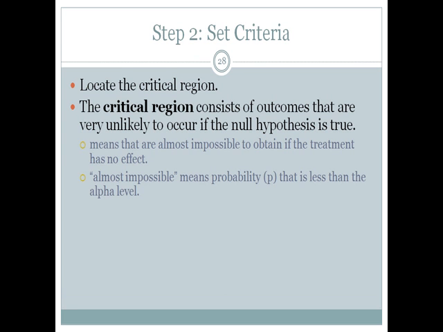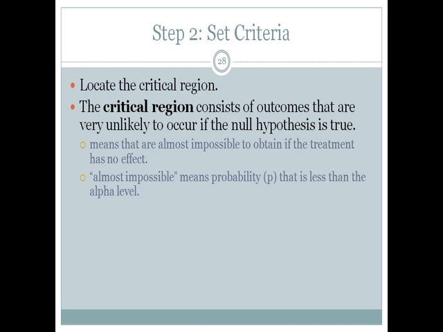So the critical region is defined by sample means that are almost impossible to obtain if the treatment has no effect. And the phrase almost impossible means that these samples have a probability that is less than the alpha level.